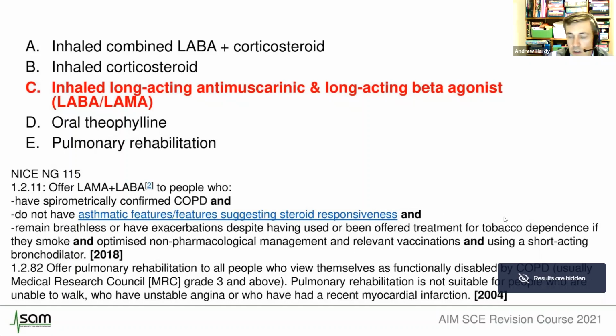Well done for everybody who got those right. Nothing has come through on the chat about COPD, so we'll move on to the next one.